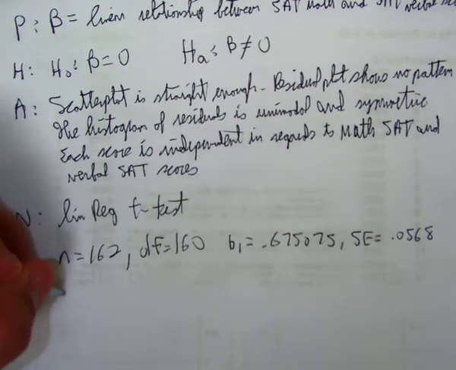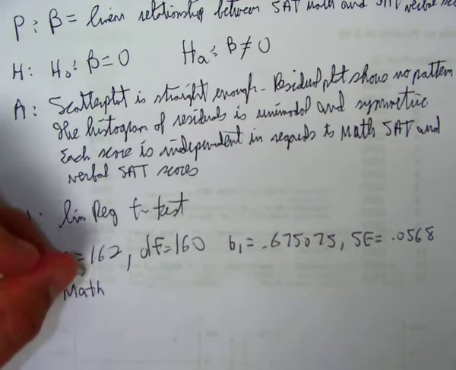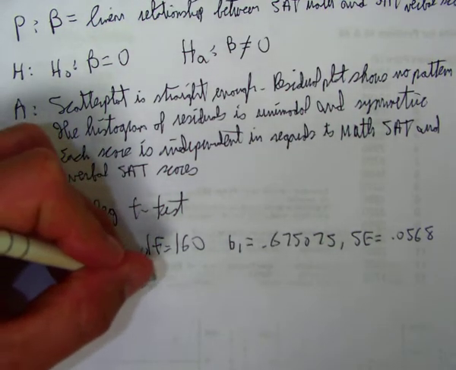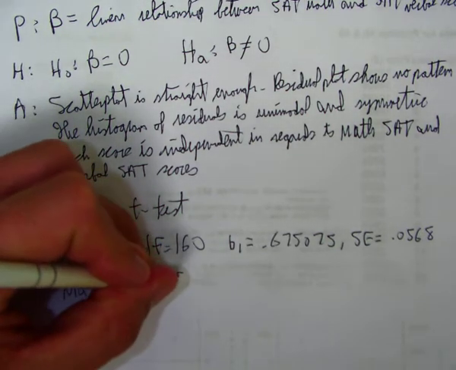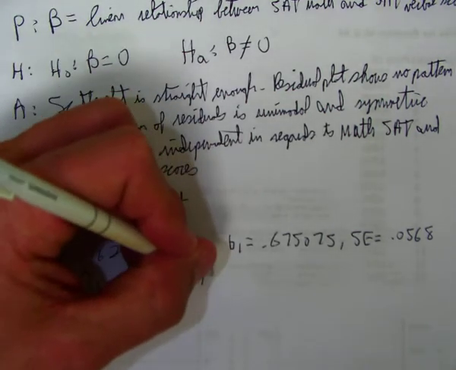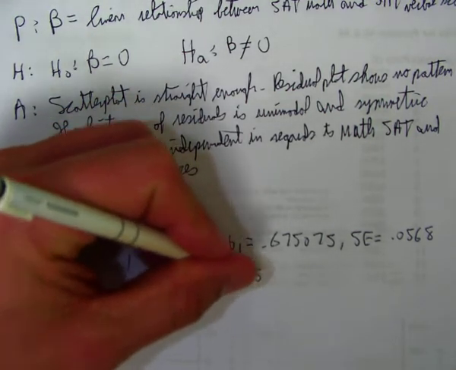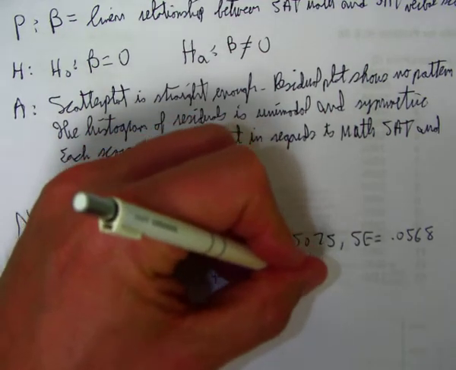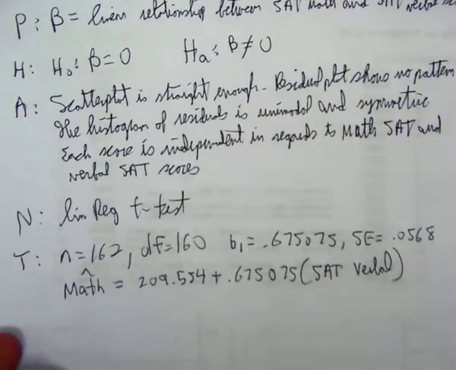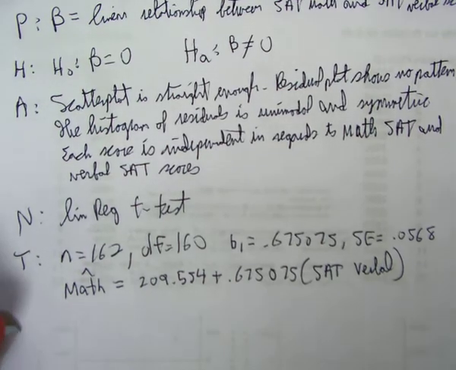So the predicted math score is the y-intercept, 209.554, plus 0.675075 times SAT verbal. Okay, so that's the statistic.